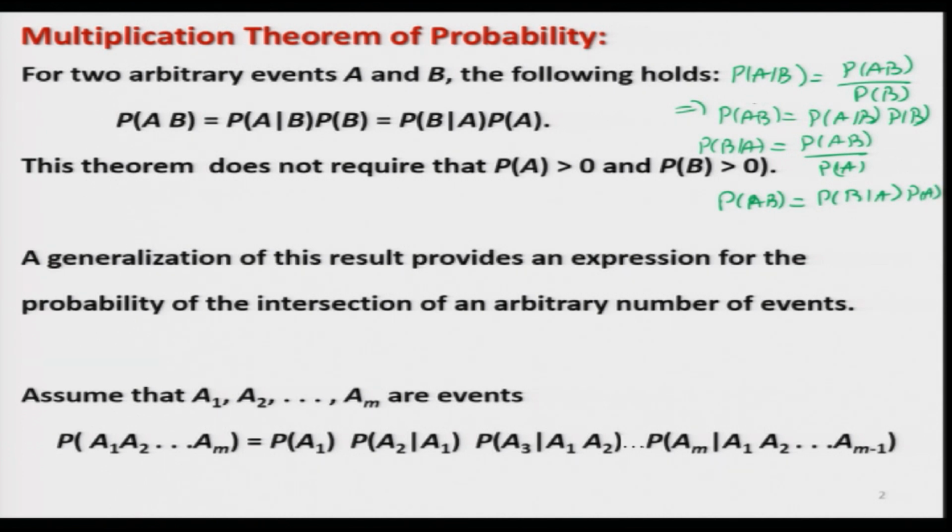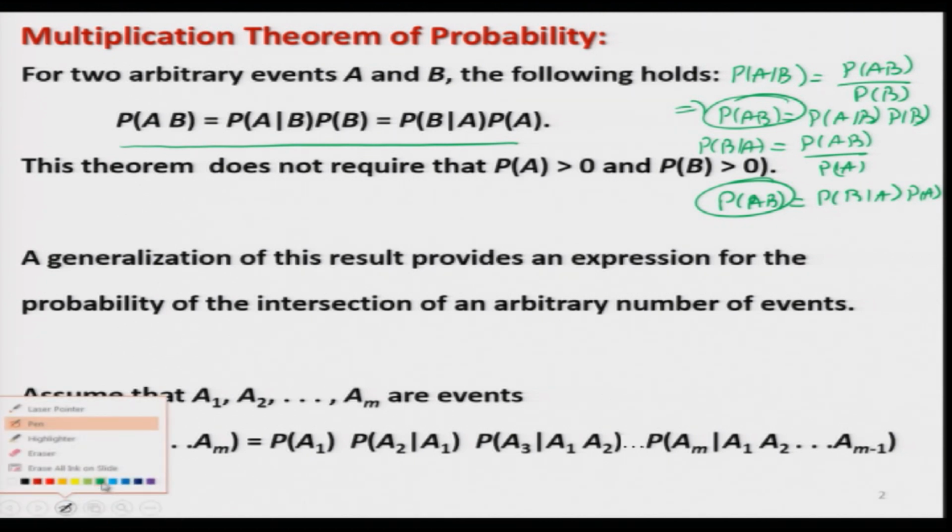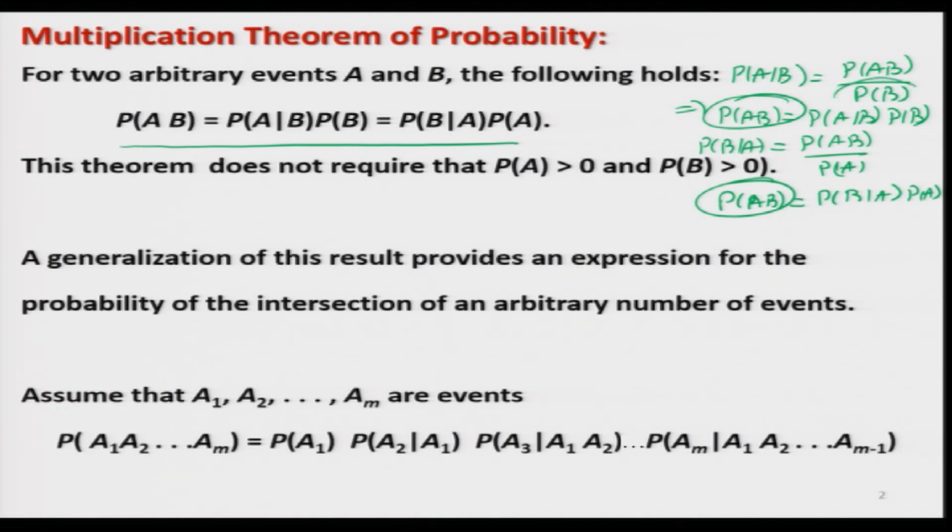So now if you look at both these values, they are the same. That is what I have written here: probability of AB is equal to probability of A given B into probability of B, which is equal to probability of B given A into probability of A. One thing you have to keep in mind is that when we define the conditional probability, you have to assume that probability of B and probability of A are greater than 0.